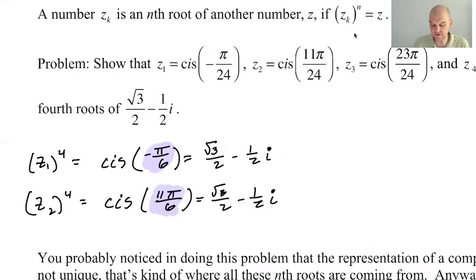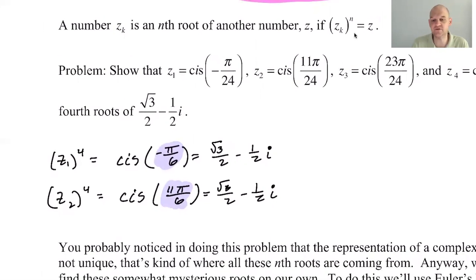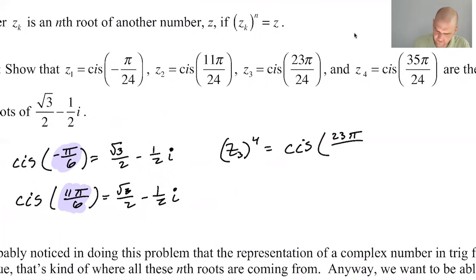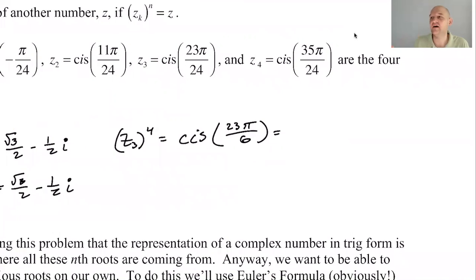Look at that. Those are two different things. Like 11 pi over 24 and negative pi over 24 are not coterminal angles. 23 pi over 4, also not coterminal. So if I do z3 to the 4th, that'll be cis 23 pi over 6. 2 pi is 12 pi over 6, so if I subtract that twice, I would get negative pi over 6.